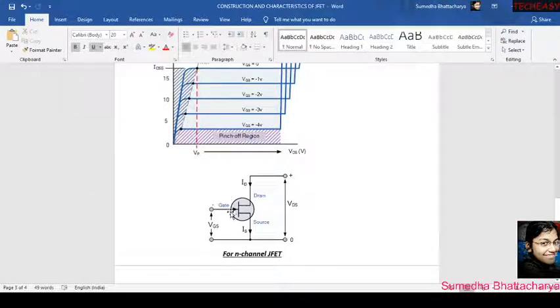Here you can see that this is the gate terminal, this is the drain terminal, this is the source terminal, and the main thing, the arrow which is situated at the gate terminal, is inwards. So this is for N channel JFET. Okay, and there is VDS and there is VGS, there is ID and there is IS, that means this is the drain current and this is the source current.